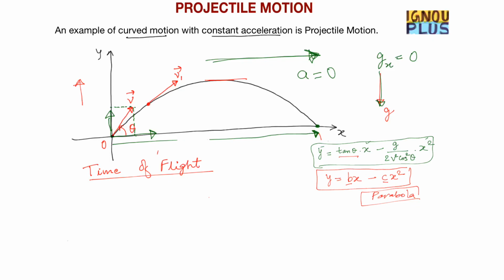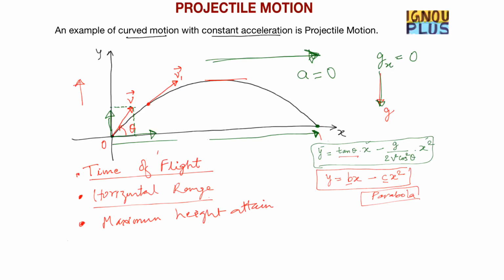And we need to know three things when we talk about projectile motion. The first one is time of flight. The second one is horizontal range, or the range, that is the length on the x-axis that the projectile attains, how far it goes. And third one is maximum height attained.